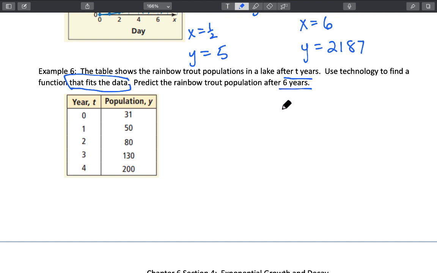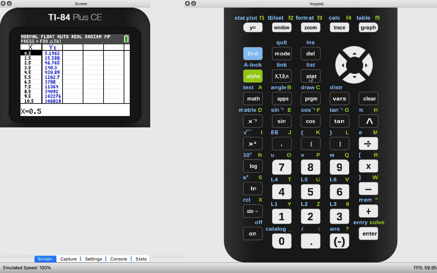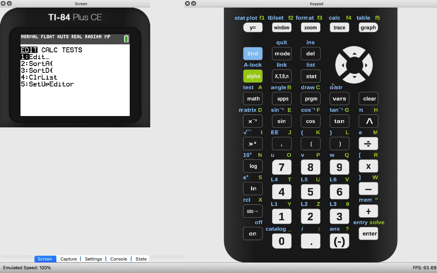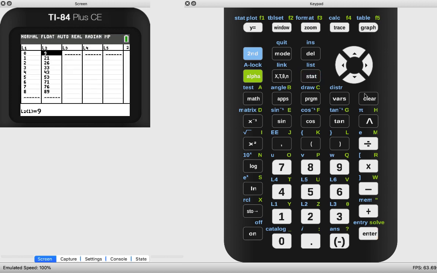Okay, so we're going to go back to our graphing calculator now. Go ahead and press Stat and enter. Clear out whatever data you have in your list by arrowing up to L2, press clear, then arrow back down again, over to L1, up, press clear, and arrow down.